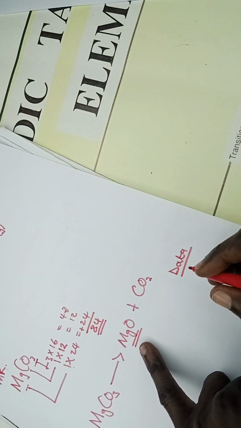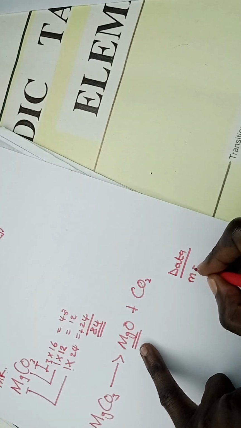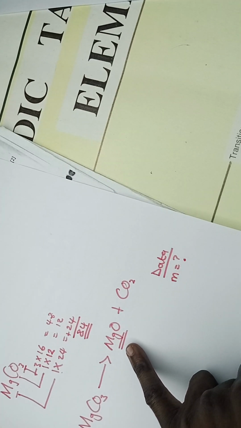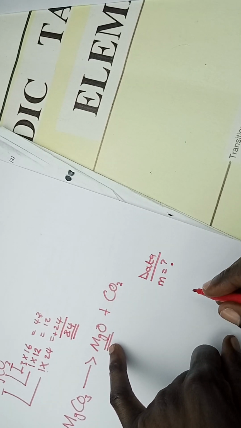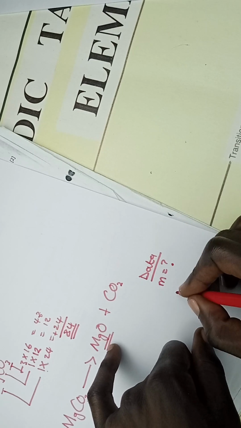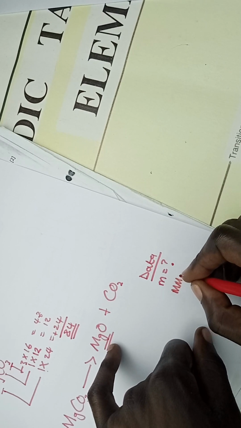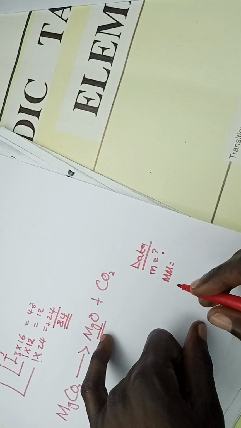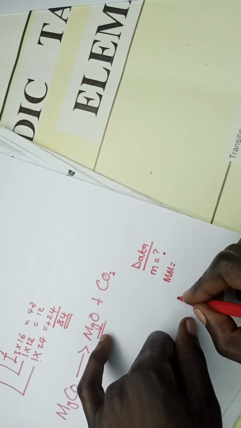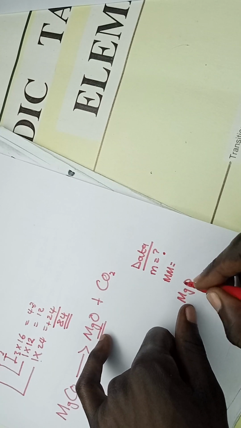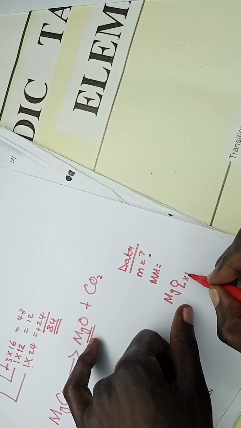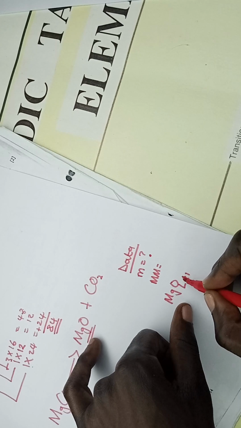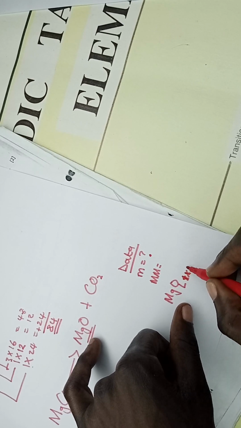First of all, we are looking for the mass of magnesium oxide, which we don't know. The other information that we have is the chemical formula, and it means we can find the molar mass. Let's find it. Magnesium oxide has magnesium and oxygen. So we have 1 atom of oxygen multiplied by 16.